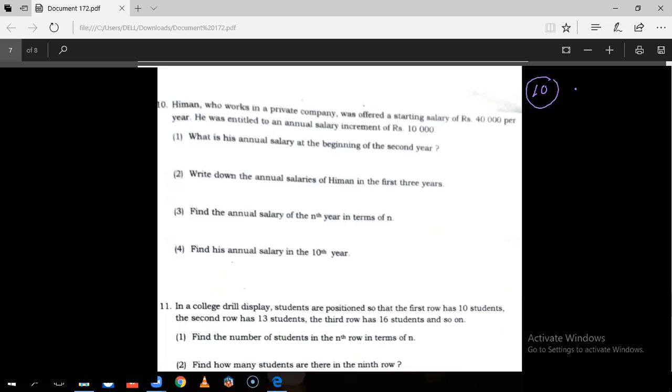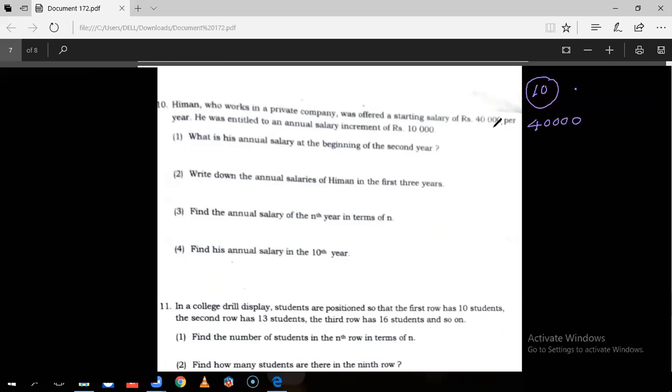What is his annual salary at the beginning of the second year? Now normally the first year is 40,000, and next year it starts at 40,000 plus 10,000. That is 50,000.